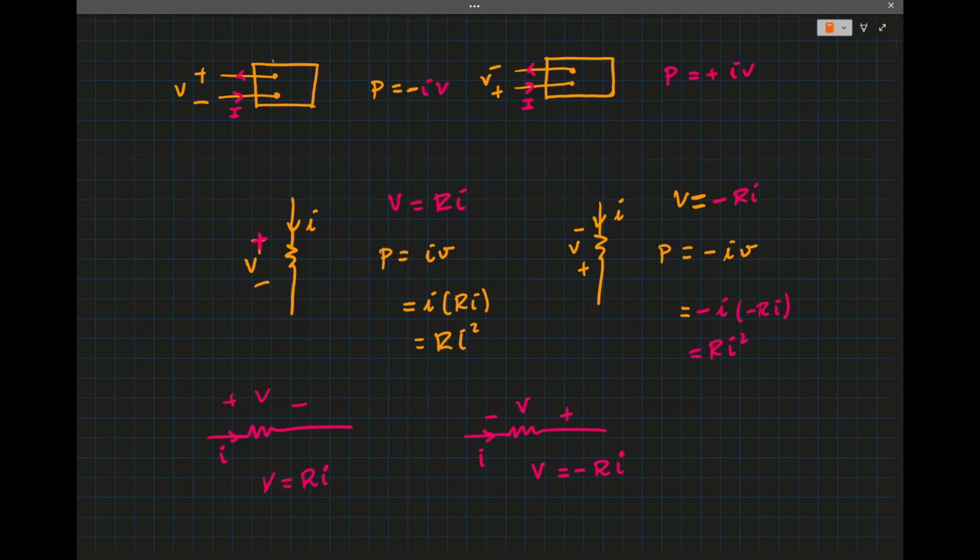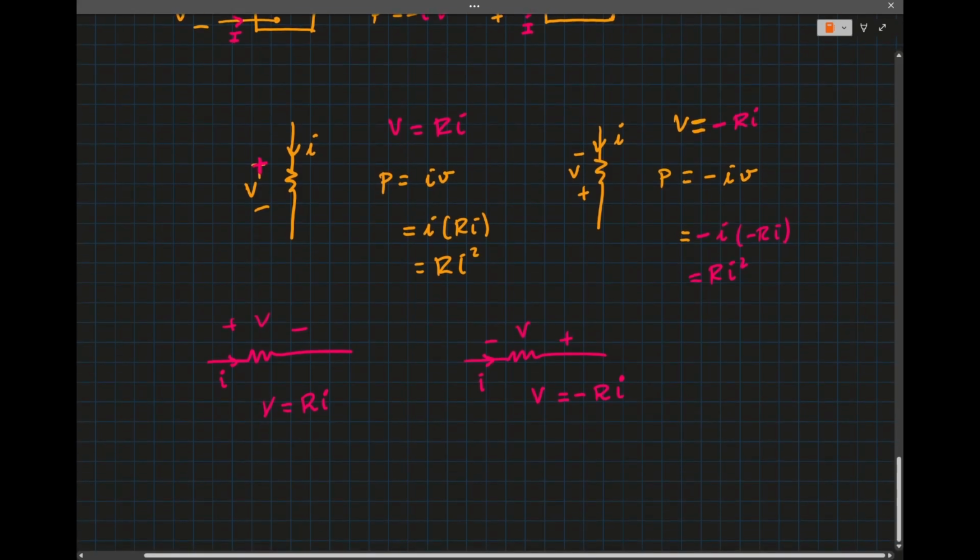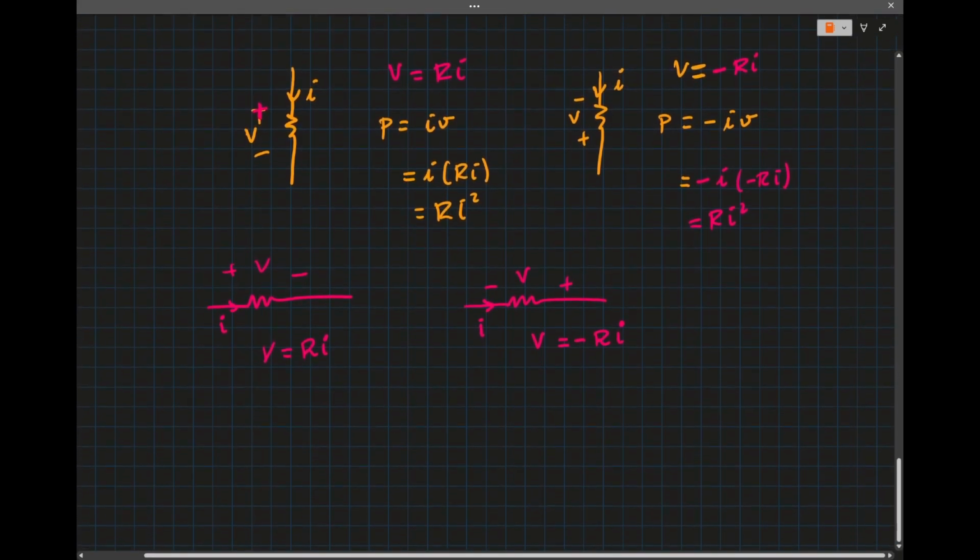Okay, so we are going to have to calculate these values, because the direction of the current may be arbitrary, and the polarity of the voltage is labeled arbitrarily. So we have to calculate these values to be able to tell the direction of the current.